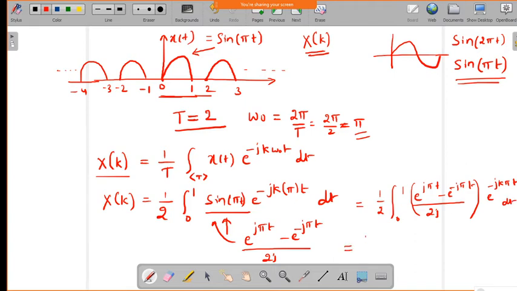Okay, so this will be equal to 1 over 4j into, now combine this signal, multiply this with this, so you will get e power, if you take j common, 1 minus k into pi t.